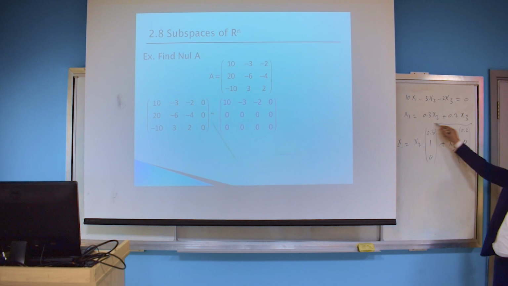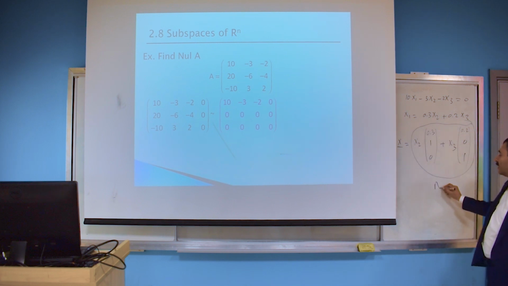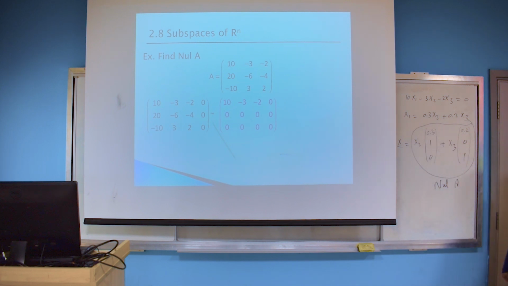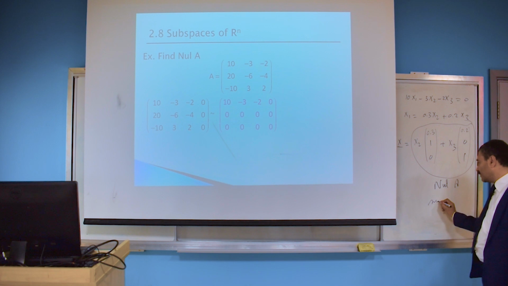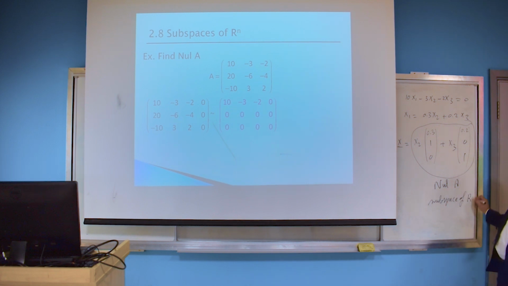This is called the null space of the matrix A. This is a subspace of R3. Why is it a subspace?